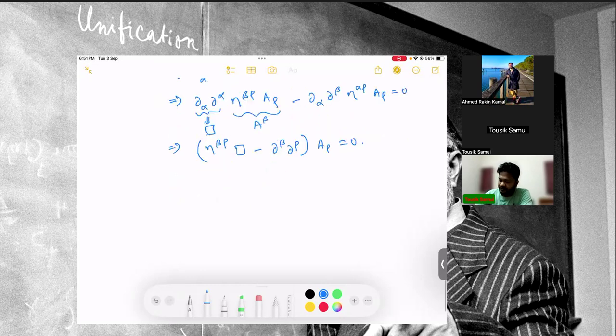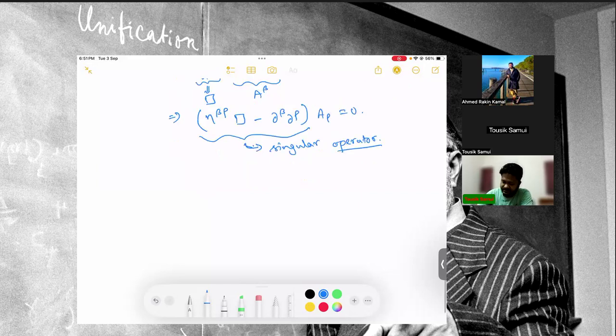Now if we notice, this operator is actually a singular operator. The problem with this singular operator is that we cannot invert this operator, and hence it's difficult.